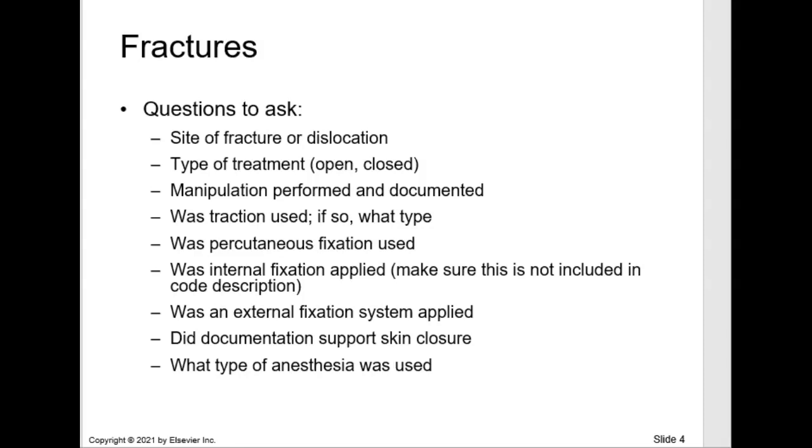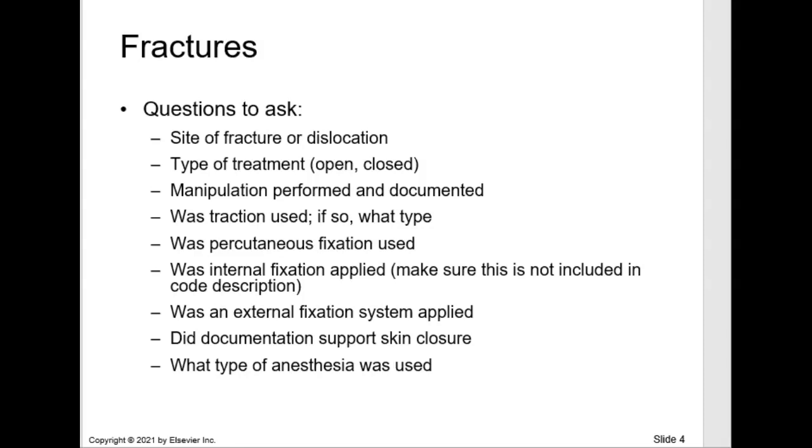The second part is type of treatment. Is it open? When we're talking open, that means they're making an incision into the body to treat that fracture. Closed means that they are going to do a closed reduction or manipulation to put those bones back aligned.